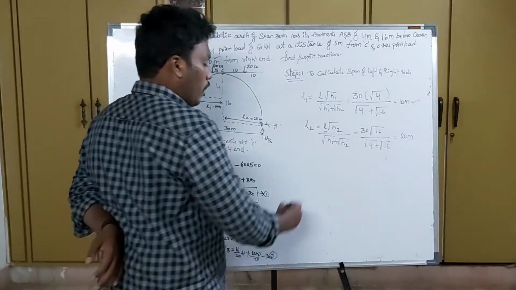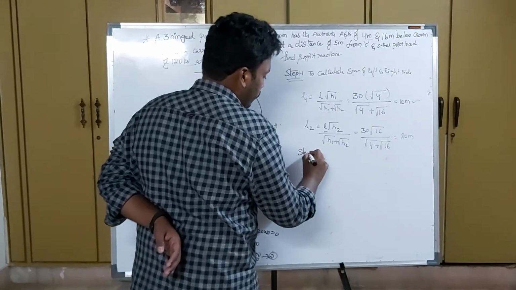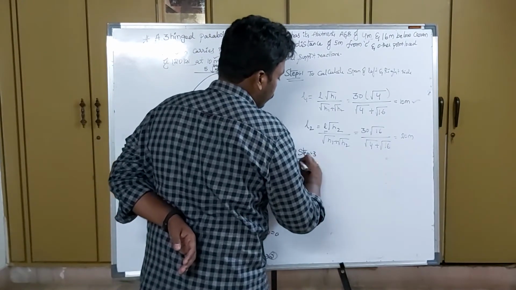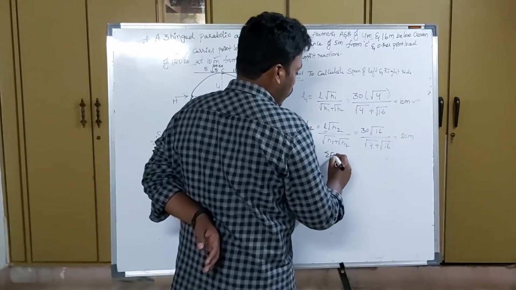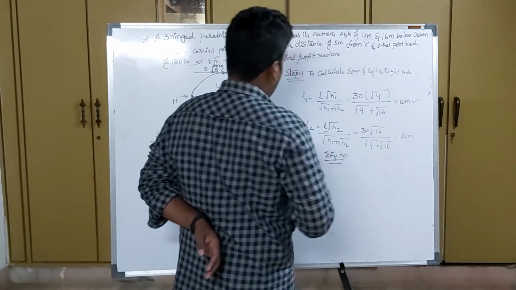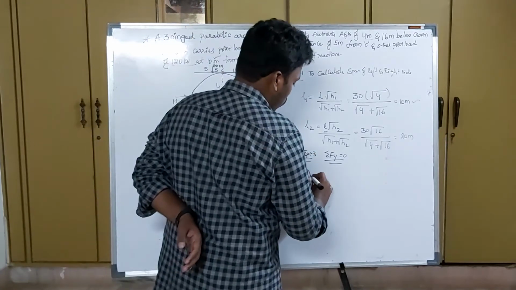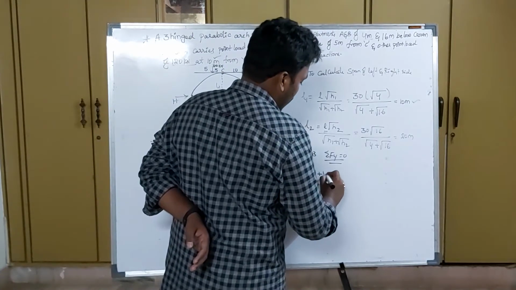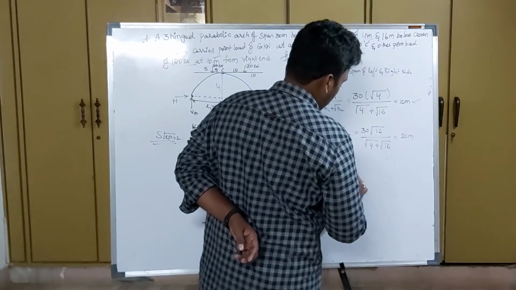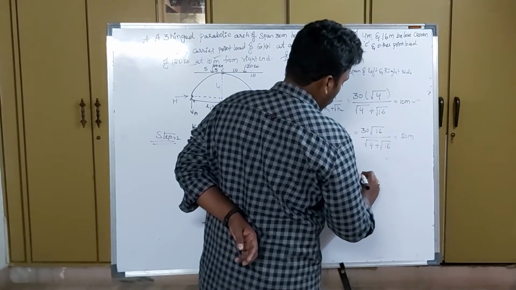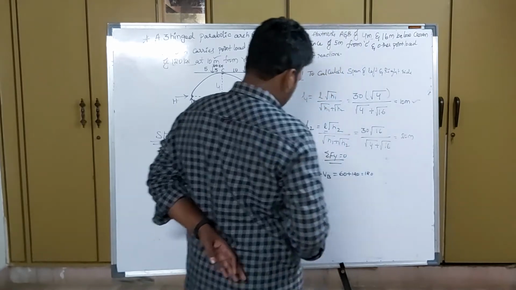So as we already know, step 3. What will be step 3? Sigma Fy is equal to 0. What happens to sigma Fy is equal to 0? VA plus VB is equal to 60 plus 120 which is equal to 180 kilonewtons.